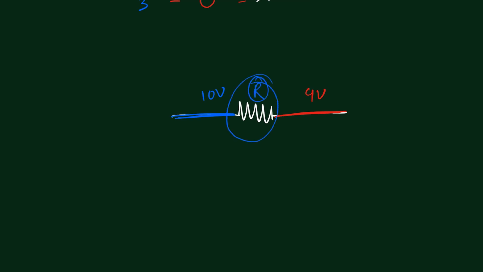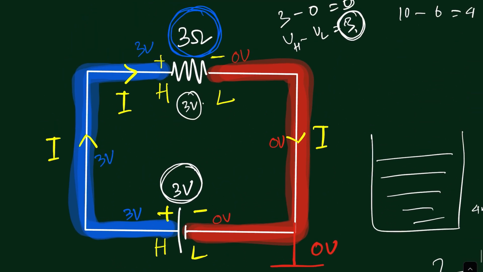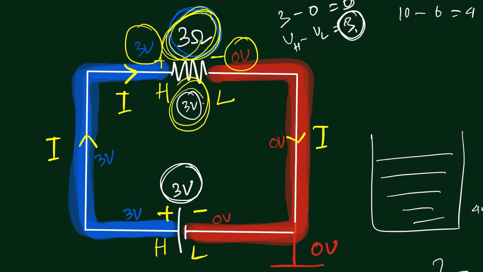It gets the difference. The potential difference is 10 minus 4, which is 6, so it gets only 6 volt, not 10, not 4. Here in my example, this side is 0, this side is 3. What is the difference? 3. This 3 ohm will get 3 volt.